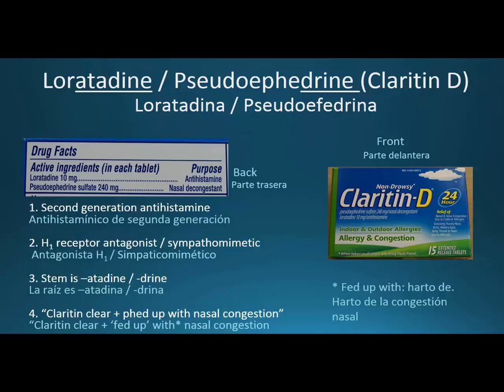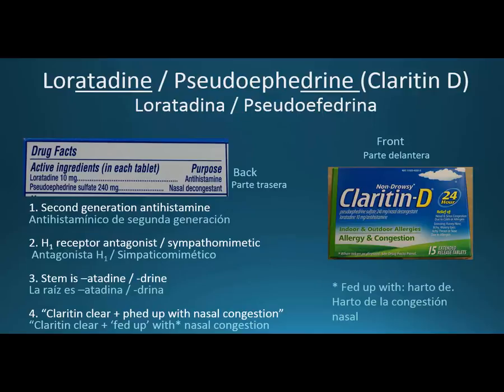Loratadine with pseudoephedrine, so Claritin D, becomes loratadina con pseudoephedrina. It's a second generation antihistamine, antihistamínico de segunda generación. And again, it's another H1 receptor antagonist, but it's that second generation that doesn't cause drowsiness, and it's sympathomimetic.